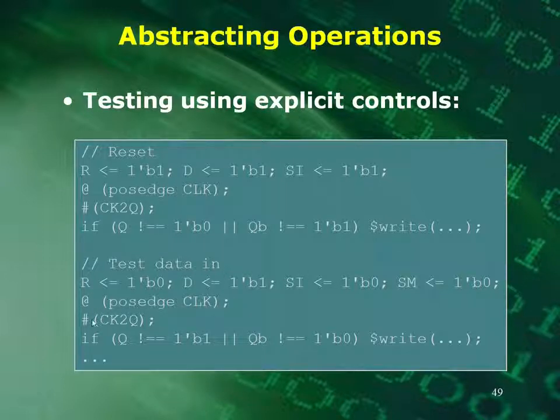So here I clock, and then I delay to make sure my Q is going to be valid by the time I check it. And here I'm checking to see that Q is equal to 1, the same as my D input. Okay? If it's not, then we've got a problem and we write something out. So here we've done explicit Verilog code to do that.